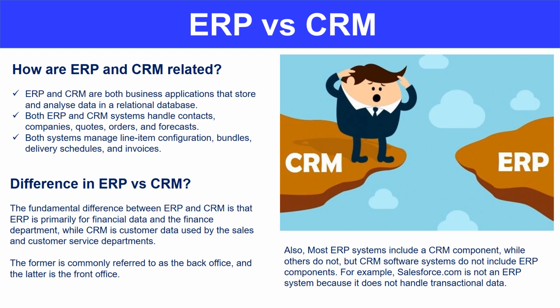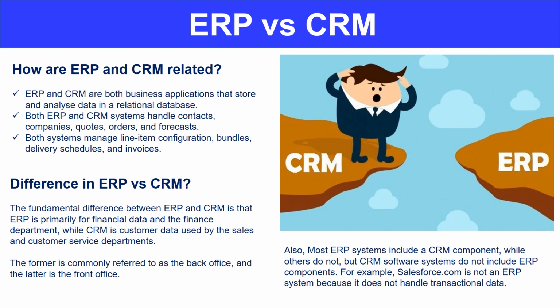Now the big one, what are the differences between ERP and CRM? The fundamental difference is that ERP is primarily for financial data in the finance department, while CRM is customer data used by the sales and customer service departments. The former is commonly referred to as the back office, and the latter is the front office. Most ERP systems include a CRM component, while others do not, but CRM software systems do not include ERP components.